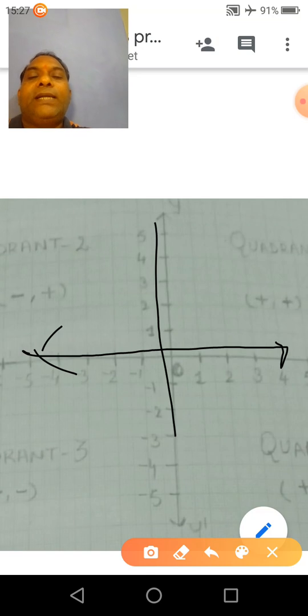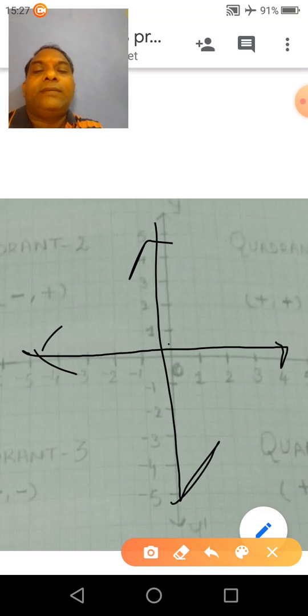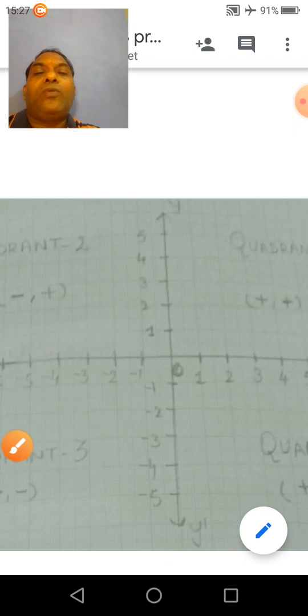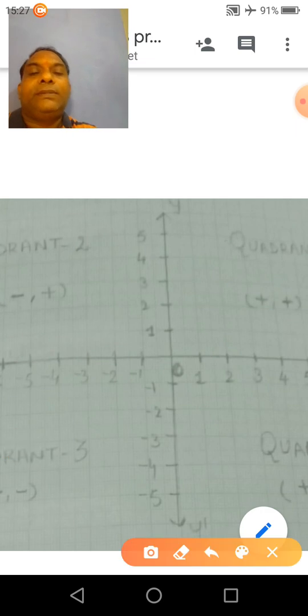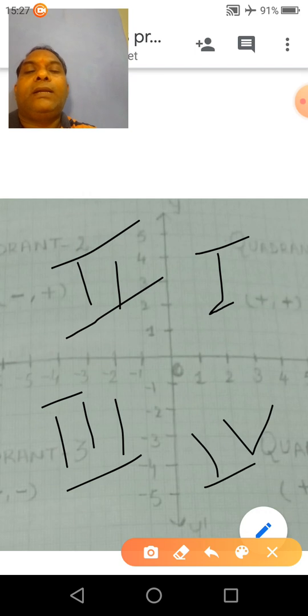This vertical line known as y-axis, and O is the origin. Clear? And there are four quadrants: first quadrant, second quadrant, third quadrant and fourth quadrant.